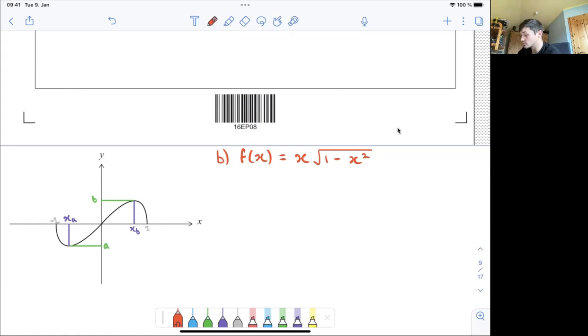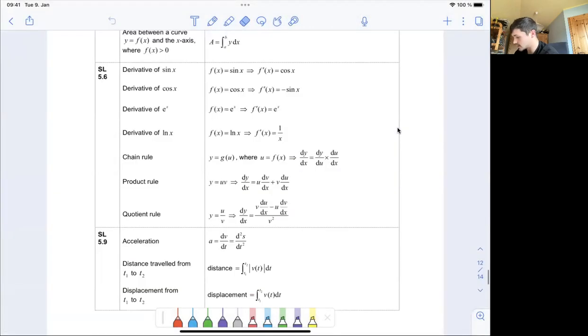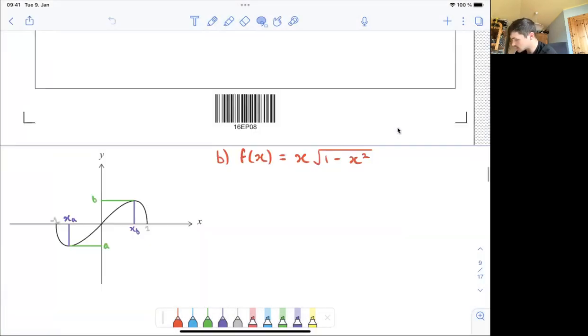And in order to differentiate that bit, we're going to have to use the chain rule. All right, so let's go over to our formula booklet and find these rules, which I've somewhat conveniently got here. Let's bring these over. That's the one. These are the rules that we're going to have to apply.